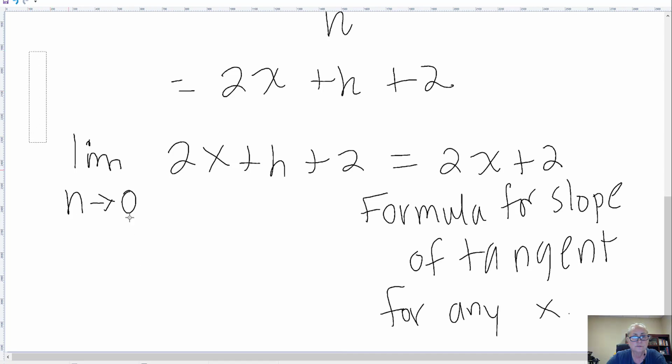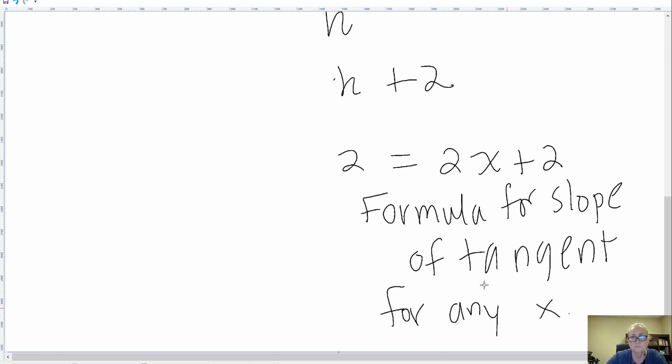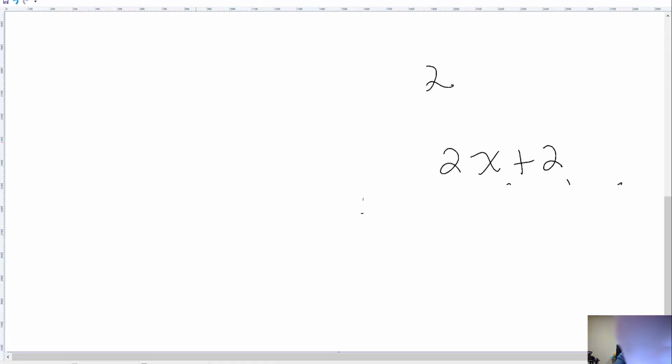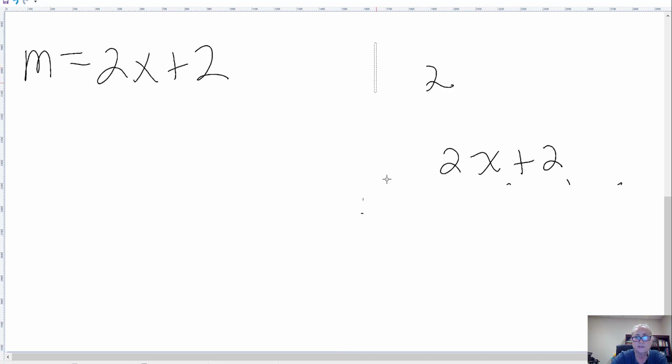Okay, so create a little space here. This is our formula for our slope. So we know that slope is 2x plus 2. We found that using the limit definition of a derivative.